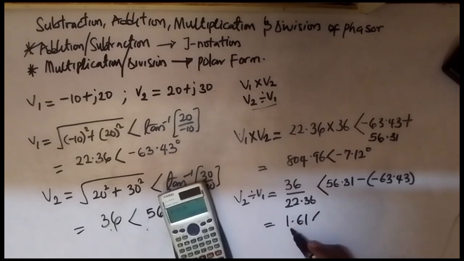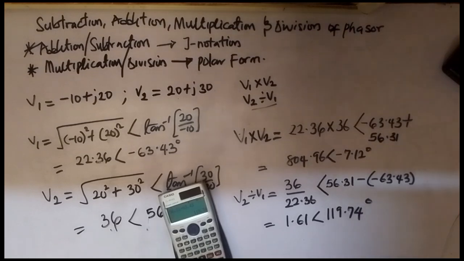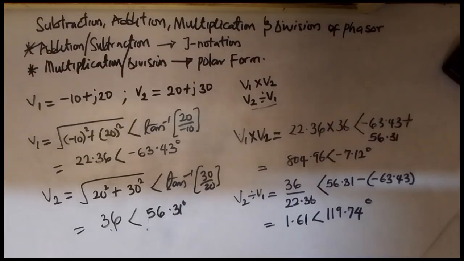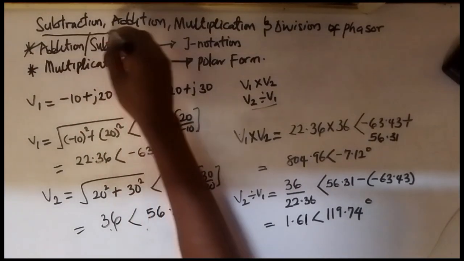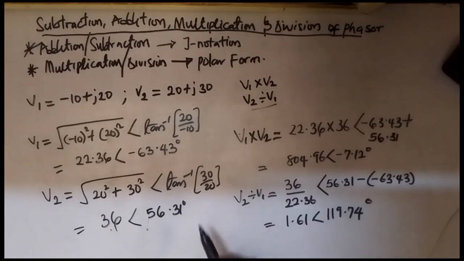This becomes 1.61 at an angle of 56.31 plus 63.43, so we have 119.74 degrees. So that is simply how we can perform simple operations of addition, subtraction, multiplication, and division of phasors.